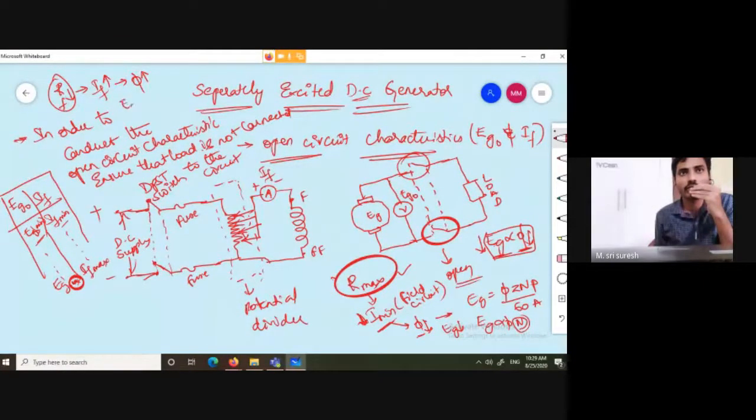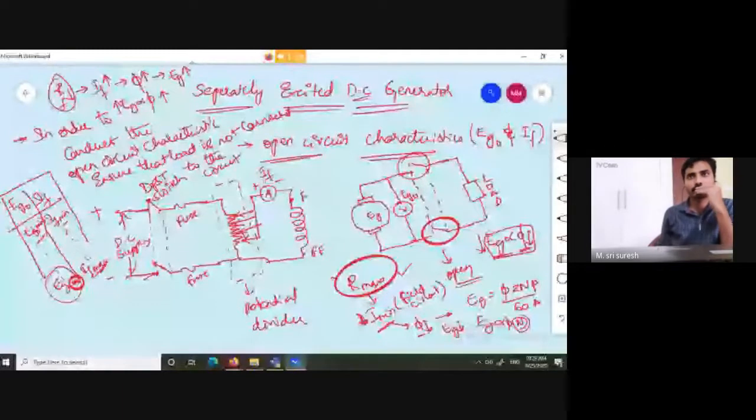Flux will increase. According to EG directly proportional to phi, if phi is increased, what happens to EG? EG value will also increase. So in this way we are getting IF from minimum to IF maximum, and the corresponding EG naught is maximum. Okay. Now we'll see the graph. Can I erase this up to here?